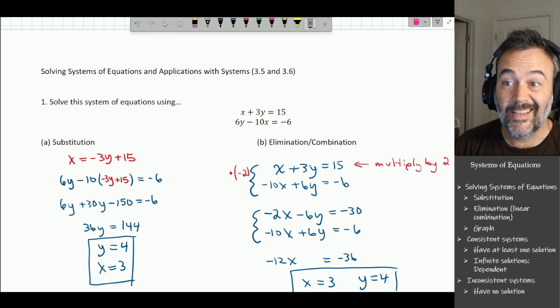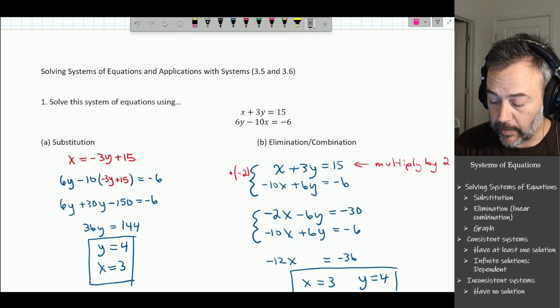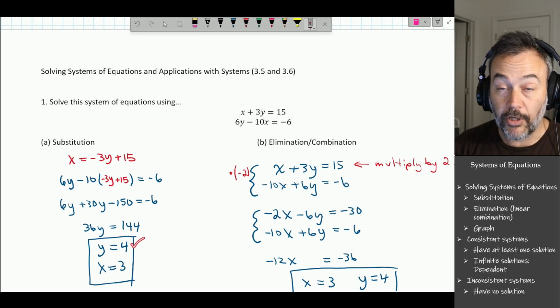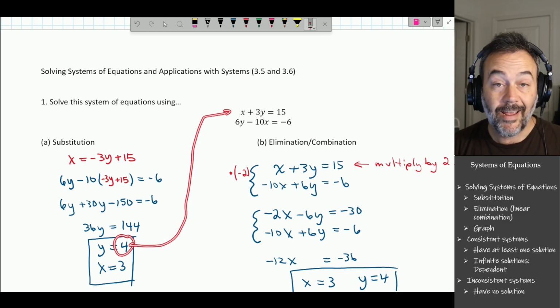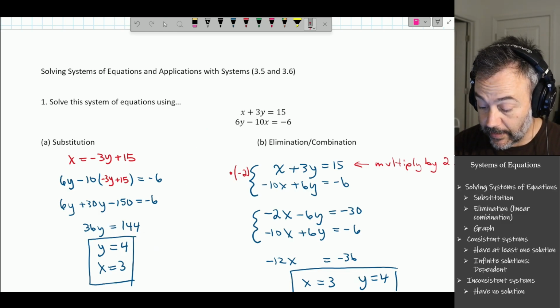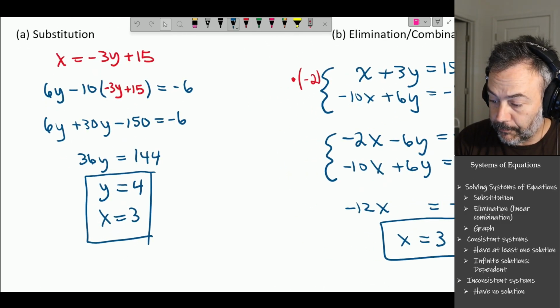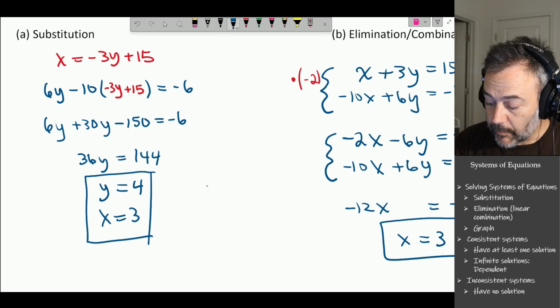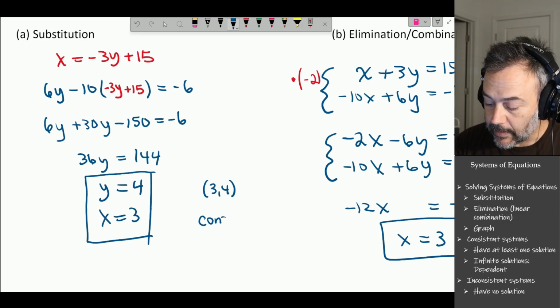That gets rid of the x variable and allows you to solve for y. And you use that y value to plug it back into either equation, and you can solve for x. And in this case, there's exactly one solution. So the only solution is the point (3, 4). So this is a consistent system.